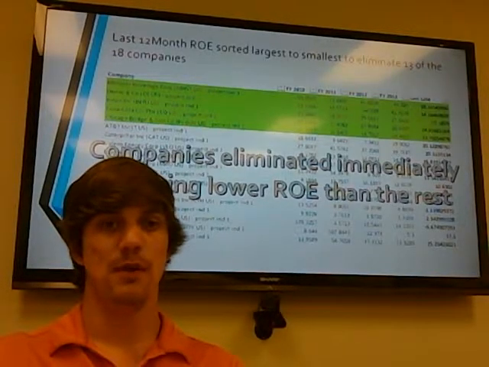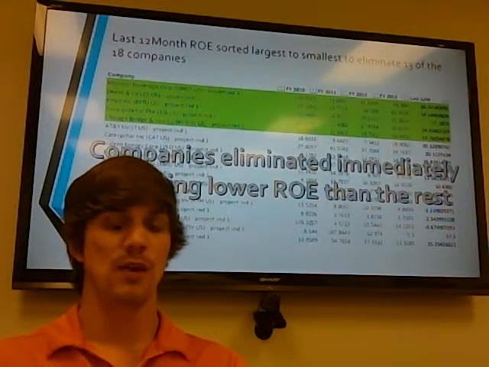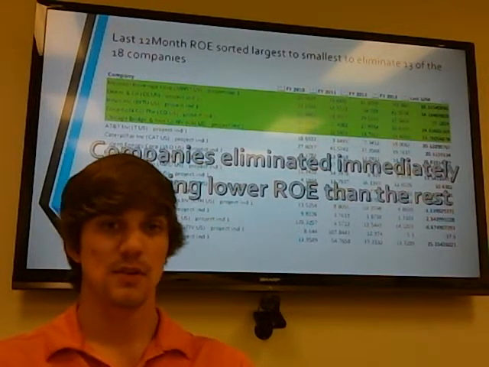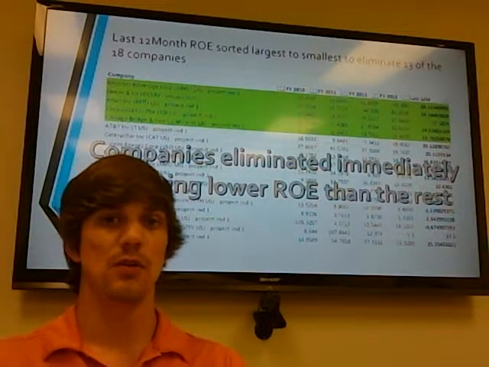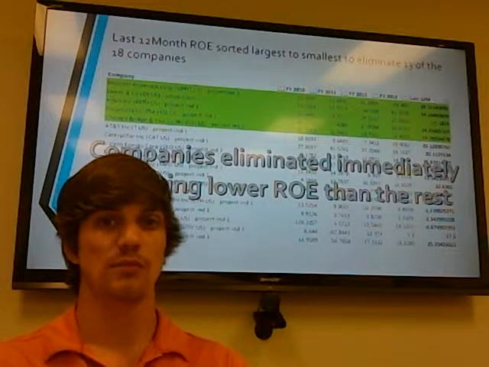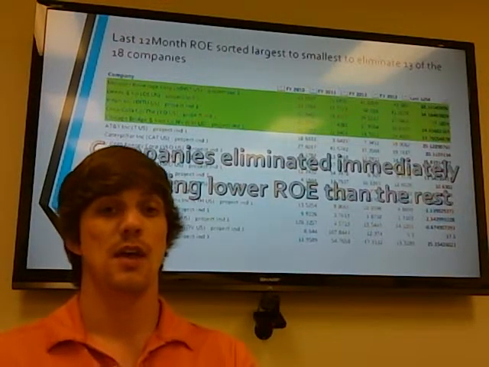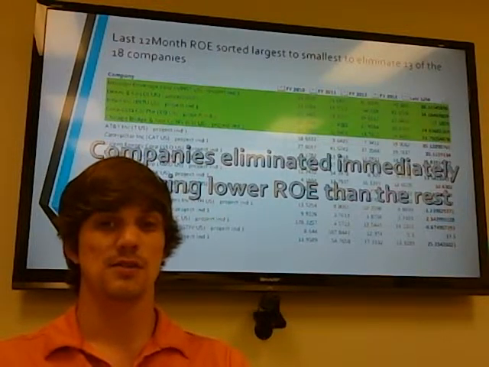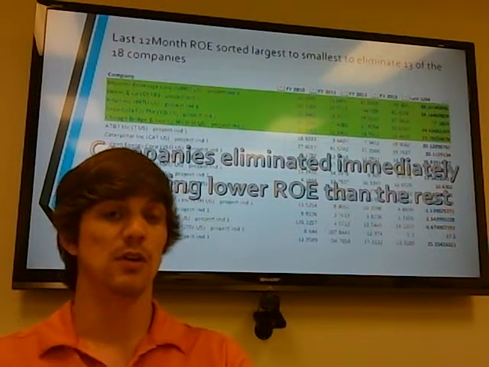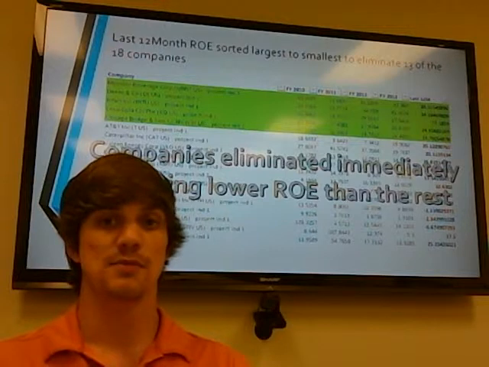All right, off the bat, what I did was I went in Excel. I listed out the ROEs for the last 4 years, and basically I just sorted them from largest to smallest for the last 12 months.